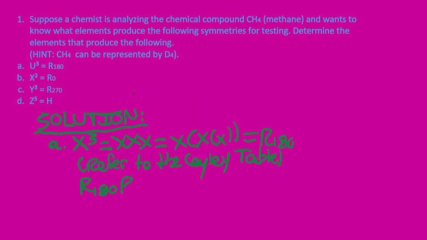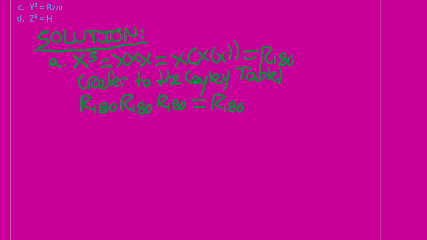It's really just trial, error, and reasoning for this, but you will find that a rotation of 180 degrees, when composed 3 times, produces a rotation of 180 degrees. Because if you think about it, when you rotate something 180 degrees once, it's at 180 degrees. Then again, you're at 360 or 0. Then rotate it again, and you're at 180 degrees.